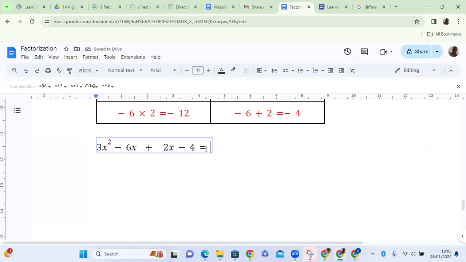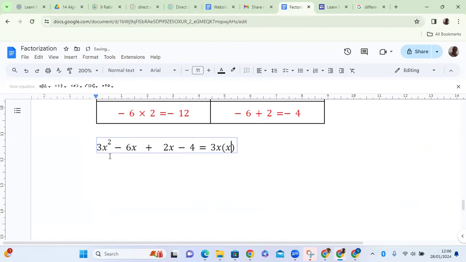Looking at 3x squared minus 6 separately, between 3 and 6, ignoring the negative sign temporarily, 3 is the highest common factor. Between x squared and x, x is the highest common factor. Then we divide 3x into 3x squared, because we are applying factorization 1. 3x squared divided by 3x is x.